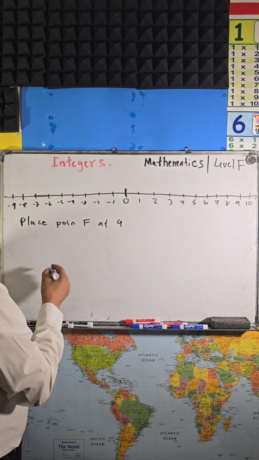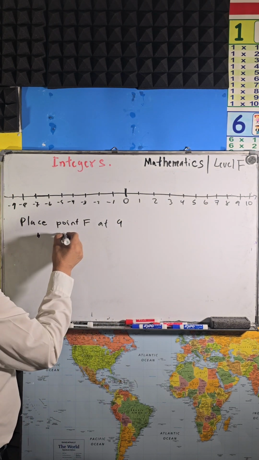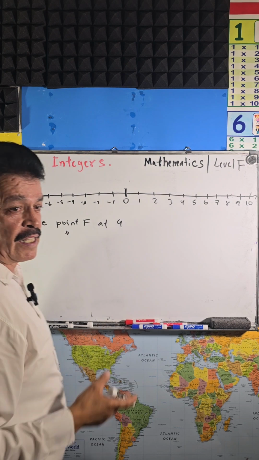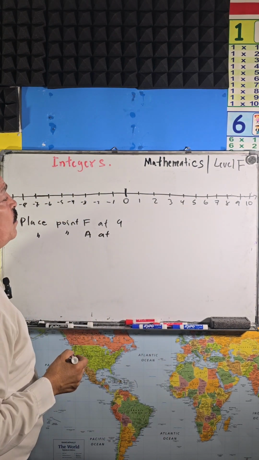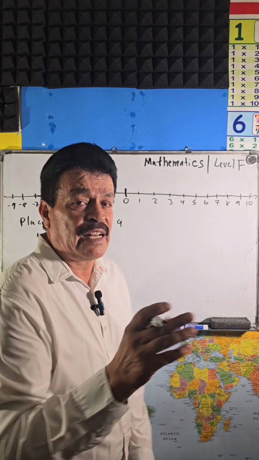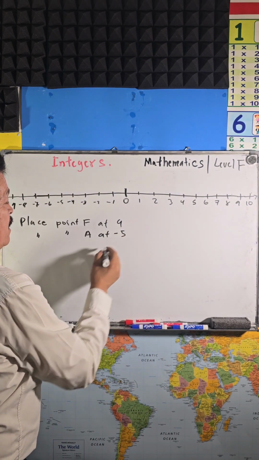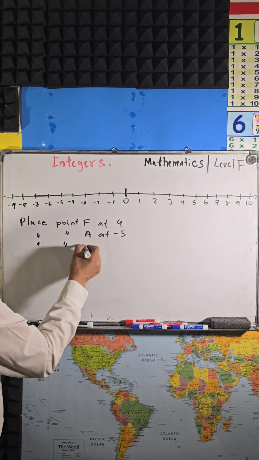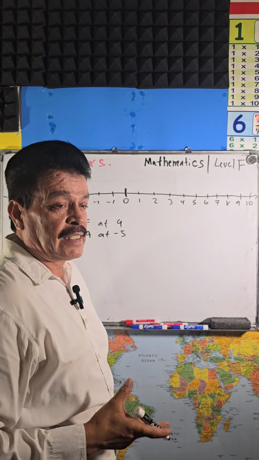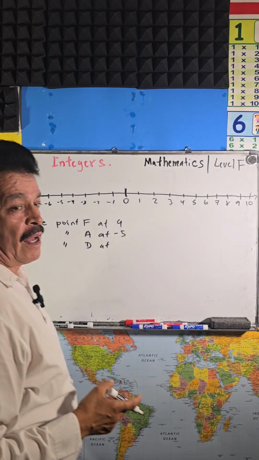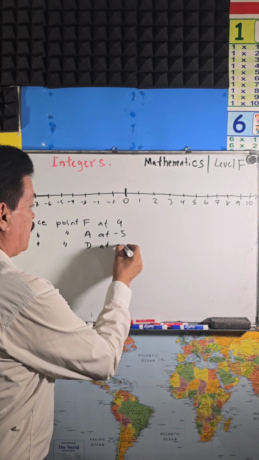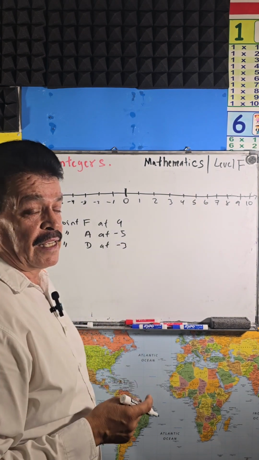Okay, and then place the next point A at -5, right? -5, and then place the point, let's say D, at -3. Okay, -3.